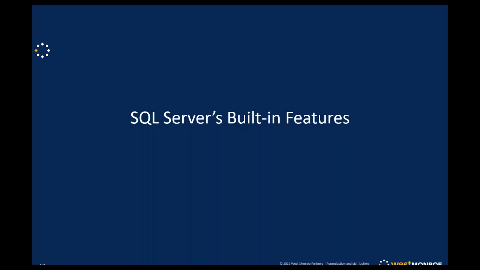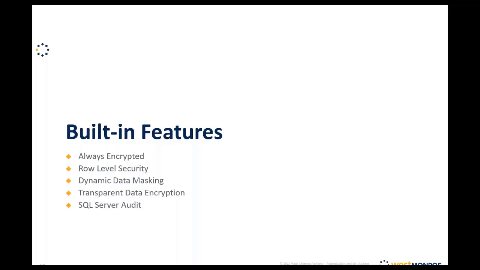Great. So we spent quite a bit of time talking about how we can use some of these more basic methods to help secure data, help control access. But let's talk about some of the more security-focused built-in features that SQL Server has that we should really at least know about, even if we're not necessarily using them.